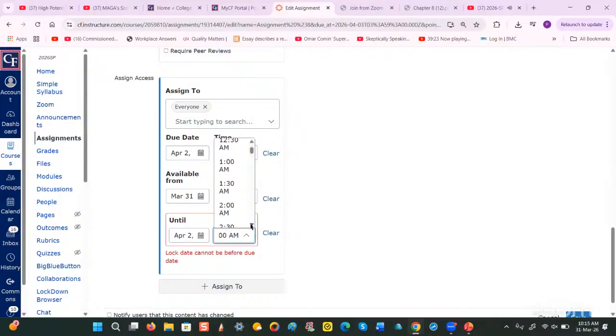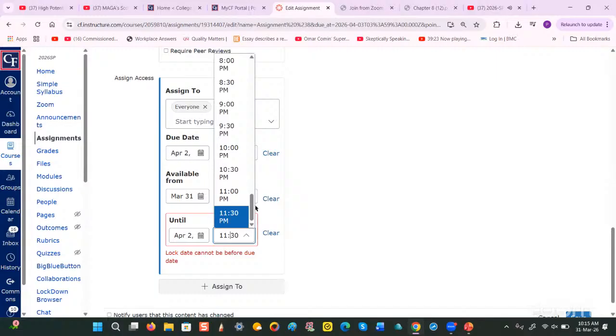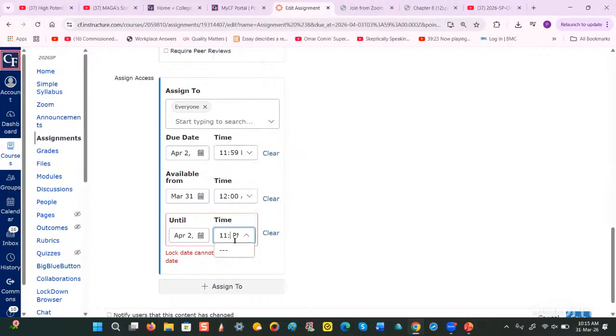Scroll all the way down. Change the time. Don't know why it's not working. Very strange.